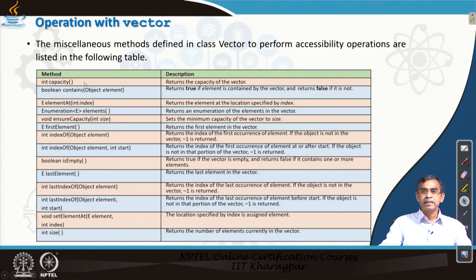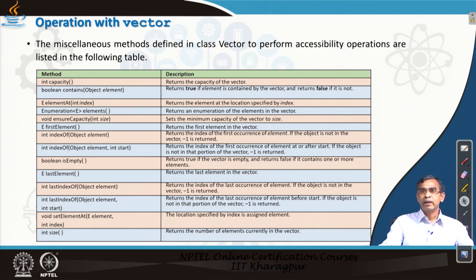For example, capacity you are already familiar with, then contains we have already discussed, elementAt also, and indexOf. By name you know exactly what they do if you call the method on a particular vector object. So, my advice is that you run programs of your own to exercise how all those methods work for you. It is easy.